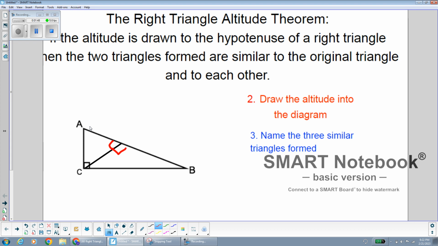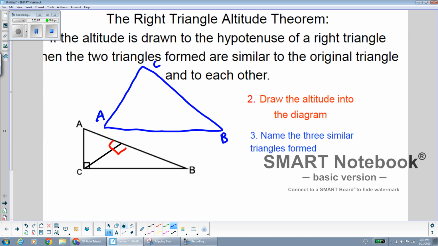And when I name the similar triangles, I want to try to name them with their corresponding parts in order. So I'm just going to redraw the big right triangle, facing up. So that would be angle C if I flip it up, that would be A, and this would be B. And I'm going to re-put in the altitude that we had.